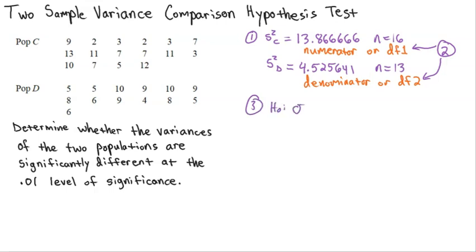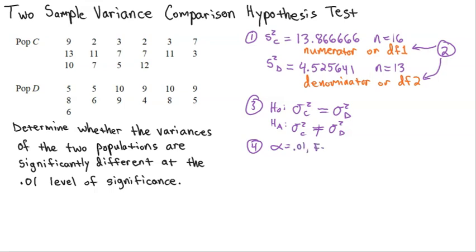H sub 0 is that the variance of population C is equal to the variance of population D, but our alternative hypothesis is that the variance of population C is not equal to the variance of population D. Then in step four, we identify alpha, which is 0.01, the level of significance.